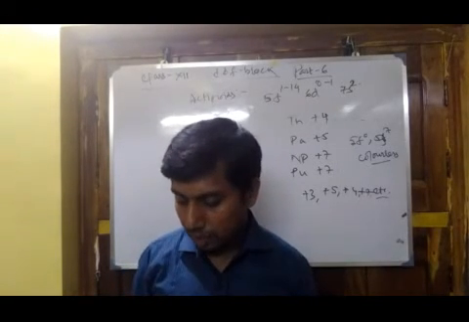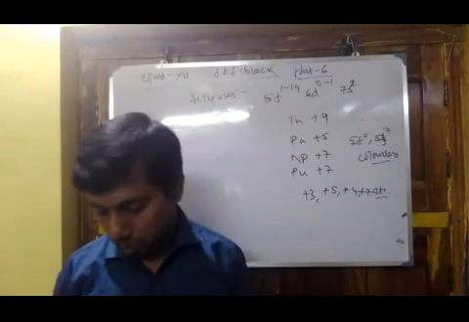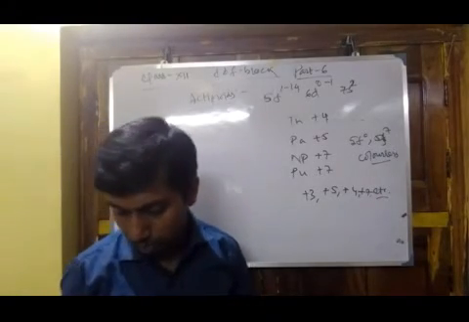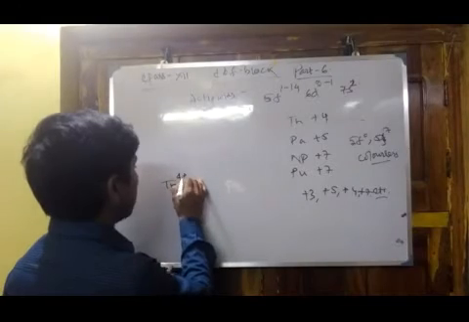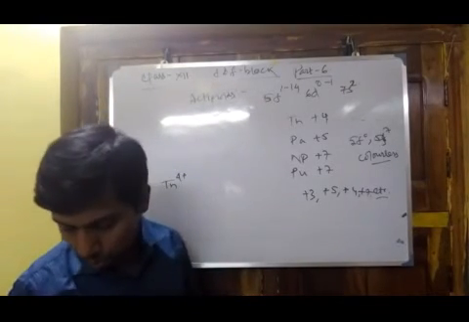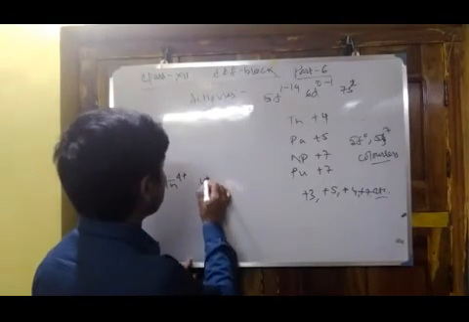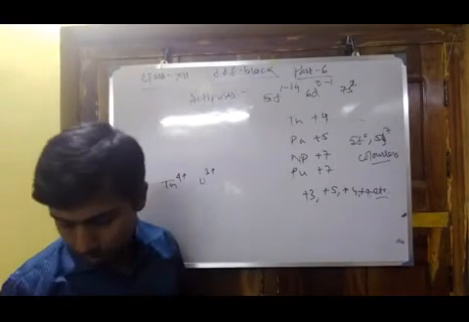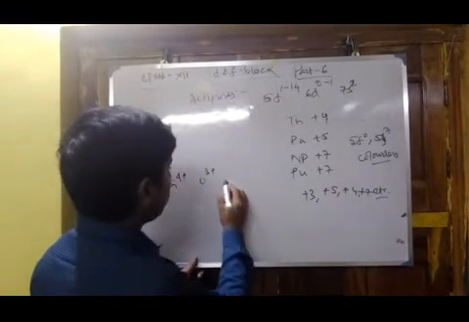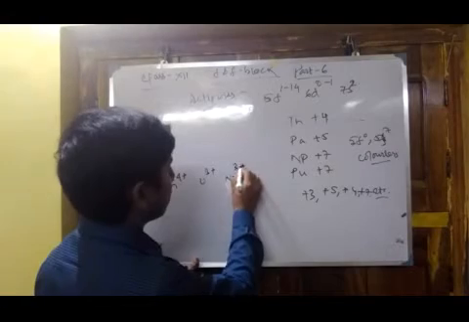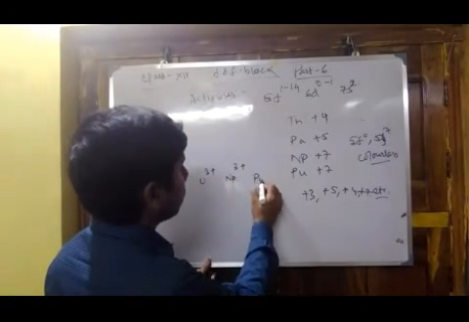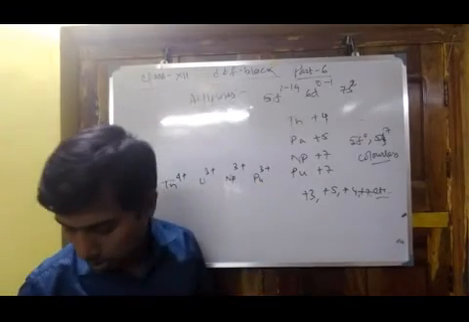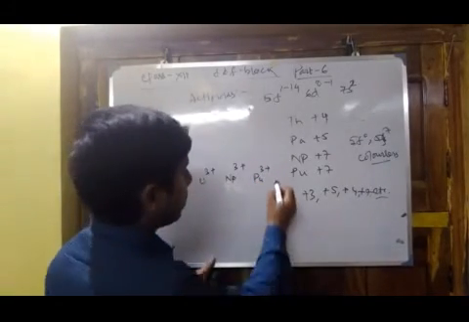Now just see the variation in color in the aqueous state, that means in ionic form. Thorium 4+, uranium 3+, then neptunium 3+, plutonium 3+, and also samarium 3+.